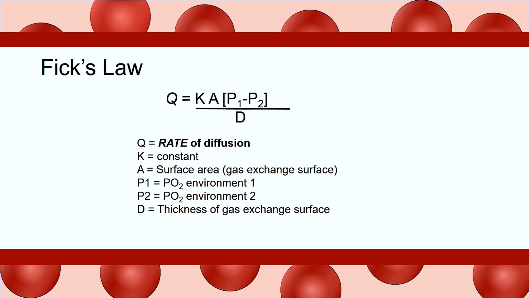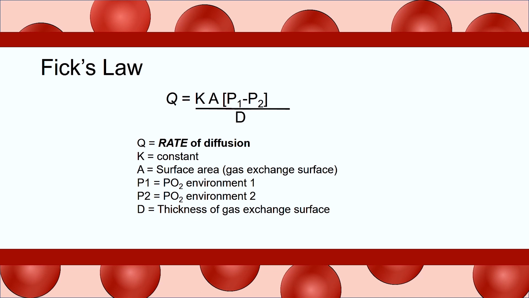Fick's law states that the rate of diffusion will be equal to a constant times the surface area over which gas exchange is taking place times the difference in concentration between where the gas is coming from to where it's going to, and finally divided by the thickness of the gas exchange surface.